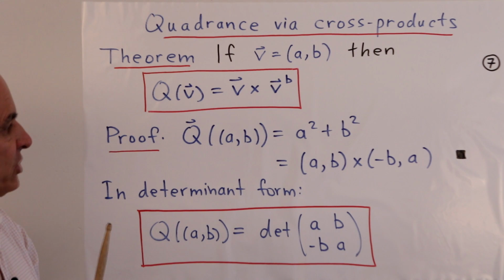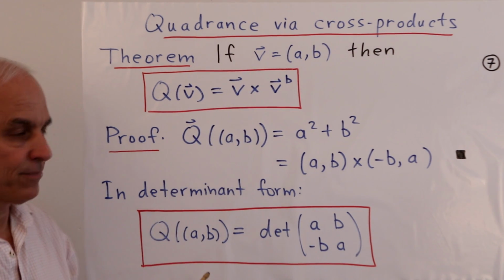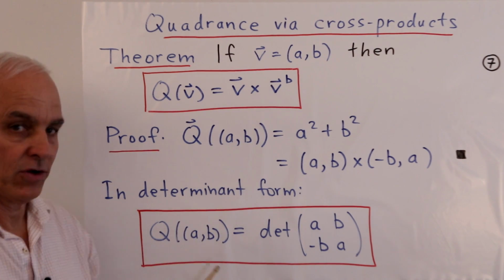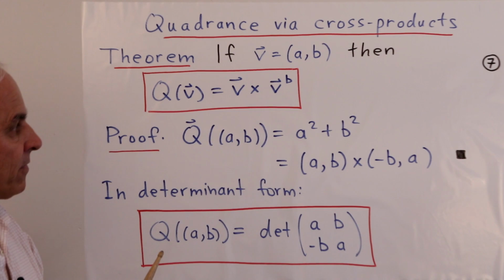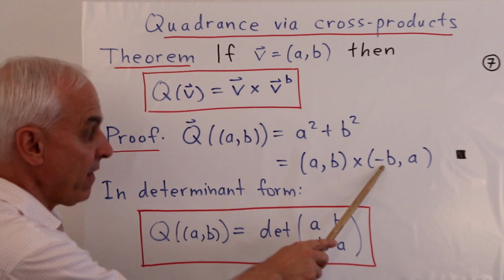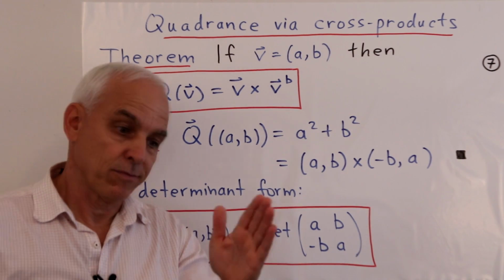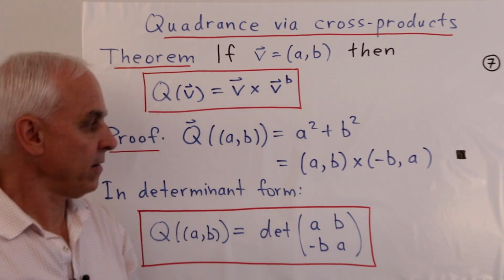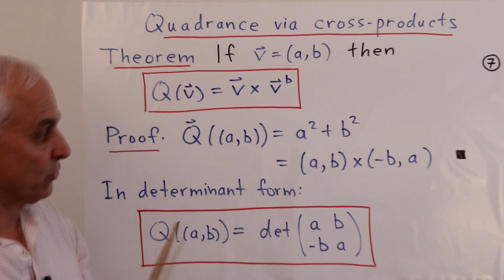Okay, well, let's check that. So we know what the quadrance of the vector V is. It's just the sum of the squares of its components. It's a squared plus b squared. And what is this thing? Well, there's the vector V, and there is the vector V super B, the perpendicular rotation of V. And if we take the cross product of these two vectors, what do we get?